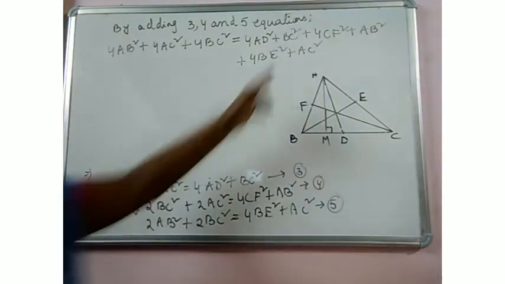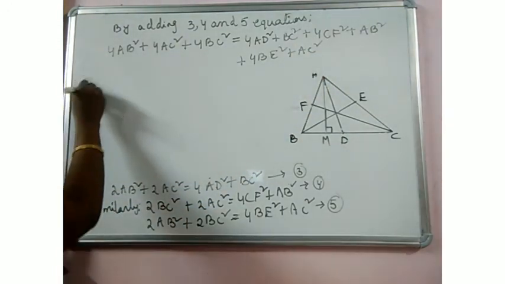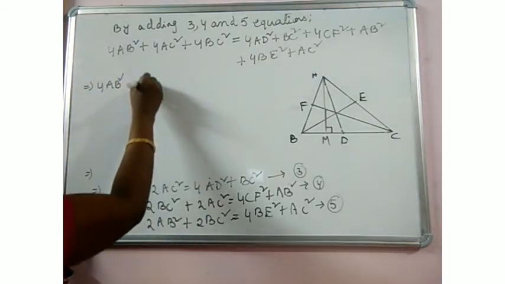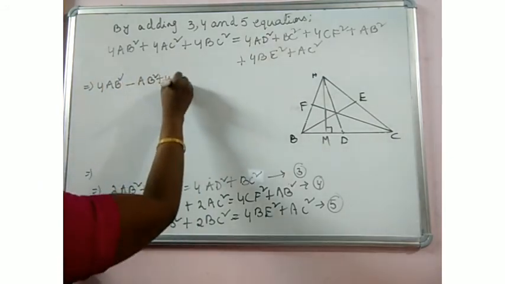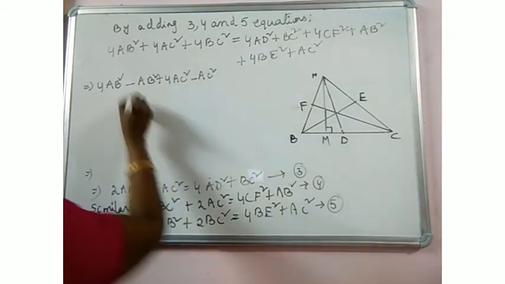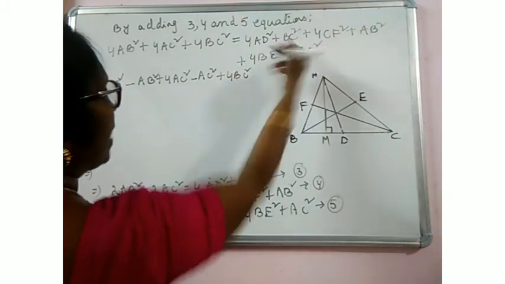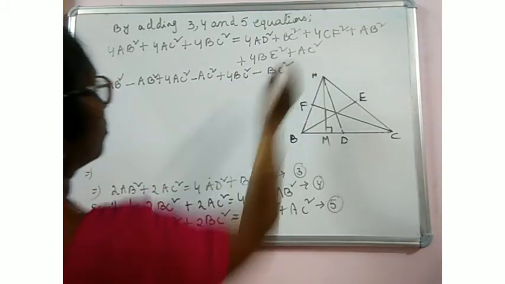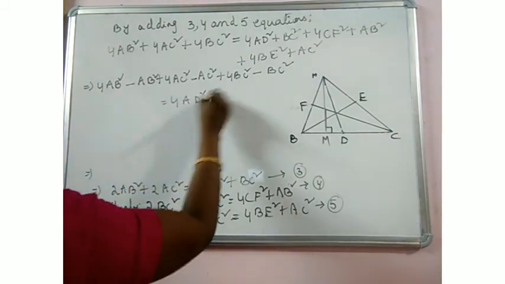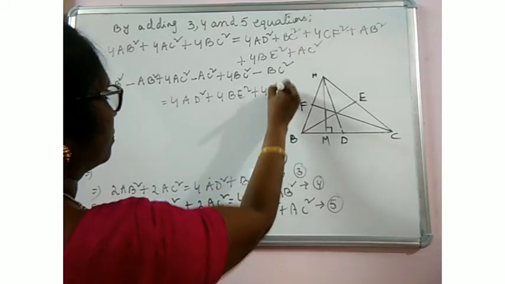Now let us bring BC square, AB square, AC square to this side. So we get 4AB square minus AB square plus 4AC square minus AC square plus 4BC square minus BC square is equal to 4AD square plus 4BE square plus 4CF square.